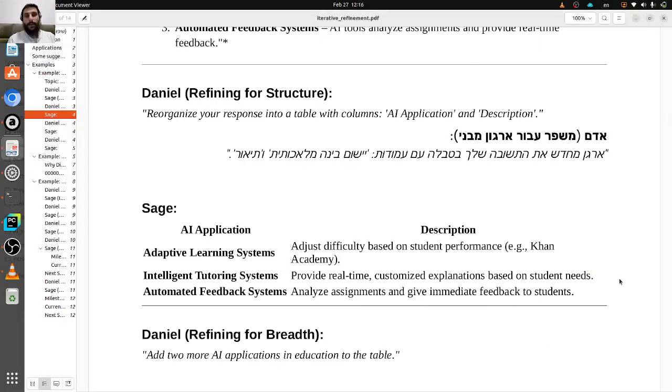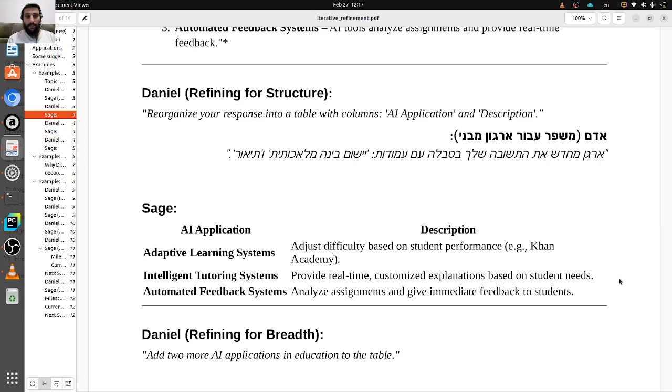Alright, so now let's move on to the next refinement iteration. So here, if we take a look at Daniel's prompt, we see immediately that here we have a refinement for format improvement, in which Daniel asks Sage to format his previous response into a table with the 2 columns AI application and description.